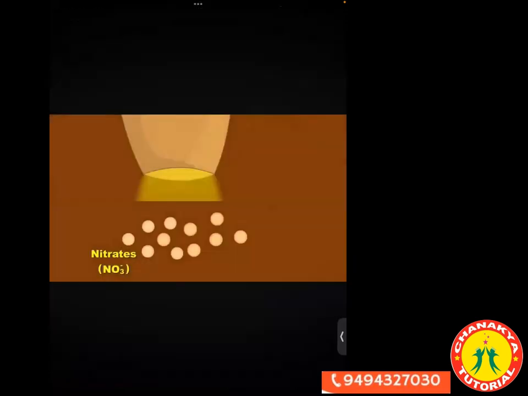See, now you can see the nitrates, they are taken up by the roots. The roots are absorbing the nitrates.